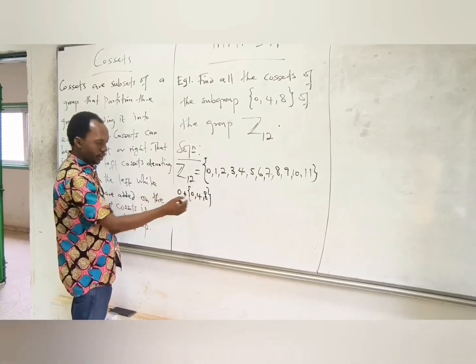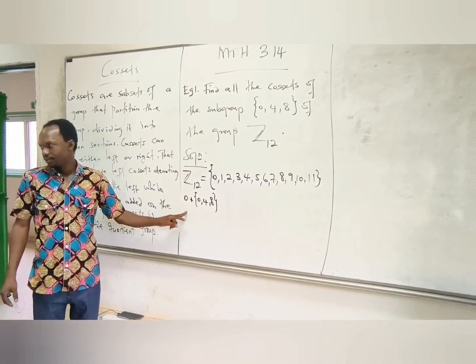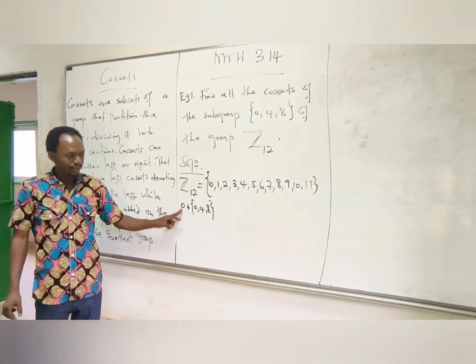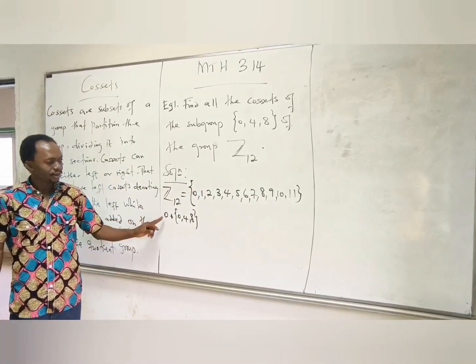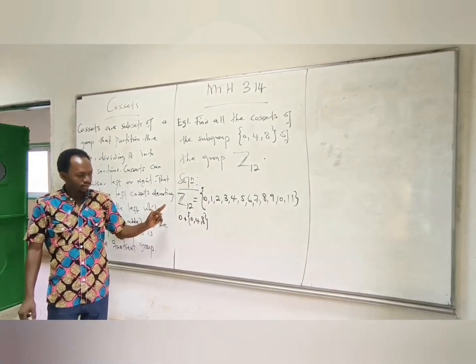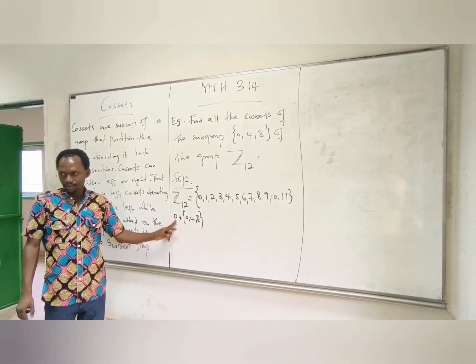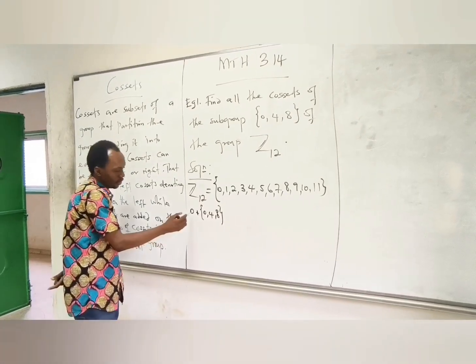If you put it on the right hand side, that means right coset. Do you see the difference? So we are adding all the elements of the group to the subgroup. When you are doing it from the left hand side, it's called the left coset. If you are doing it from the right, it's called what? The right coset.